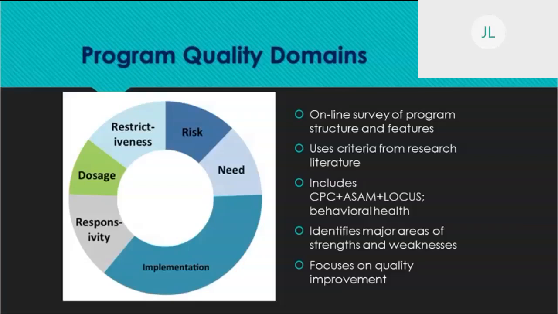First, the risk area, which focuses on the risk principle and the idea that we should be matching the intensity of services to the client's risk level, because based on the research, providing more intensive services to higher risk clients produces the greatest reduction in recidivism. Then the need area focuses on how well the program follows the need principle by targeting appropriate criminogenic needs to reduce recidivism.